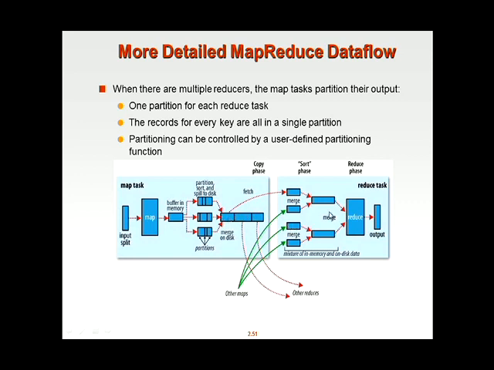Next, on the reducer side, the reducer will read the relevant partitions from all the mappers. For example, this is from this mapper, this is from the second mapper, this is from the third mapper, from the fourth mapper. Then next we do the merge, to merge the values for the same key into a single list.